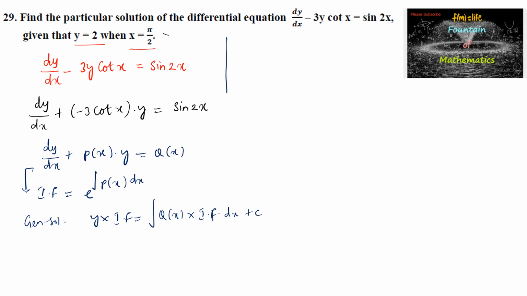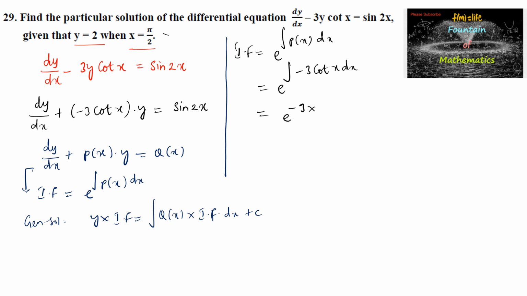So let us find the integrating factor for this given differential equation. Integrating factor is equal to e to the power integral p of x dx, which is e to the power integral of minus 3 cot x dx, which is e to the power minus 3 times the integration of cot x, which is log sin x.